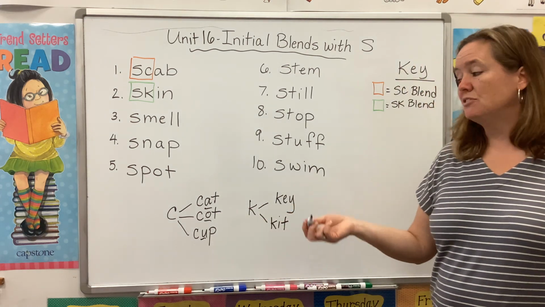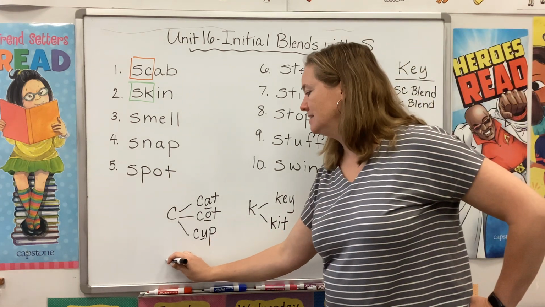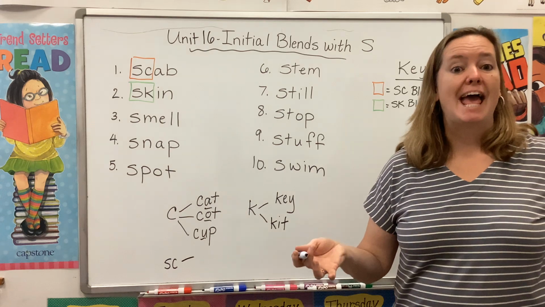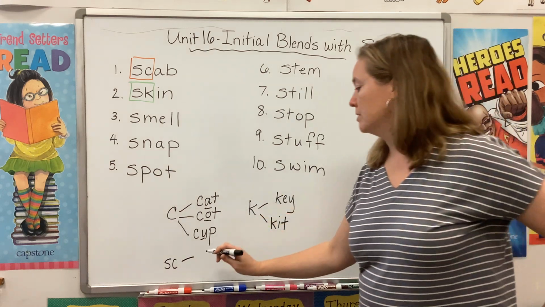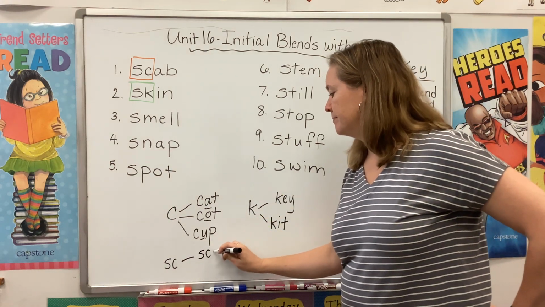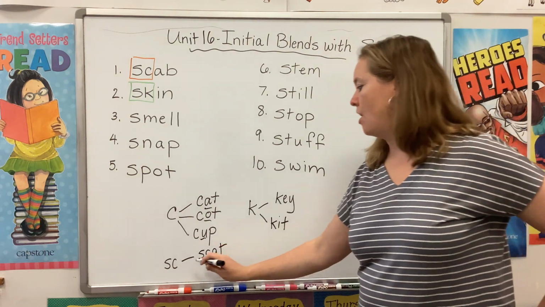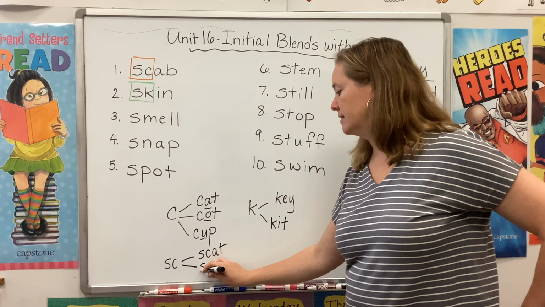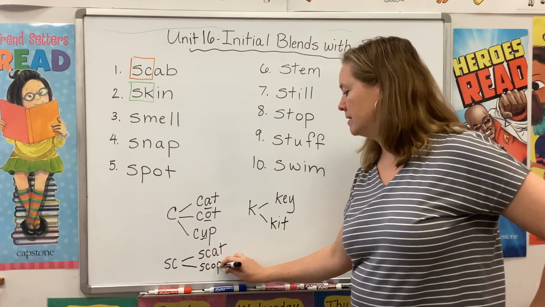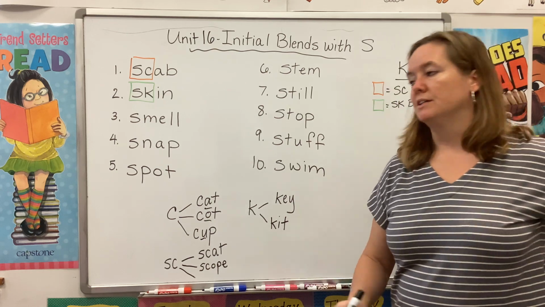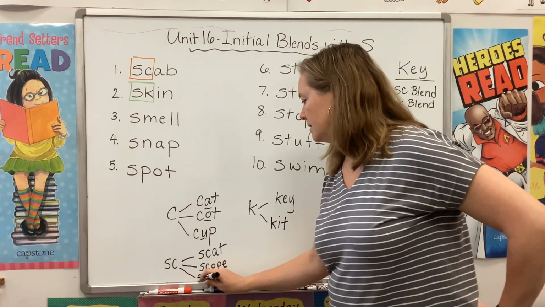Well, the same is true for SC. SC hangs out with the letter A in words like scat. It hangs out with the letter O in words like scope. And it hangs out with the letter U in words like scuff.